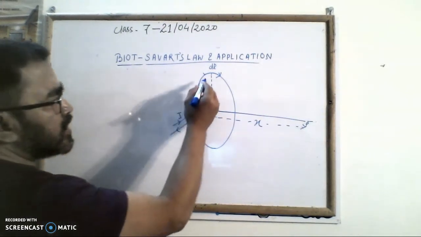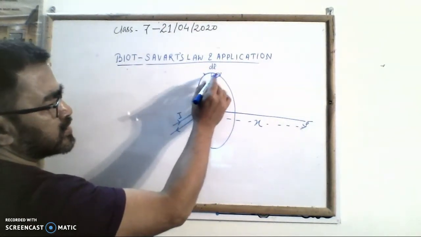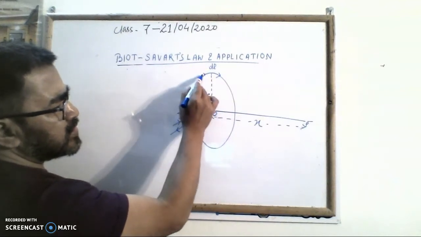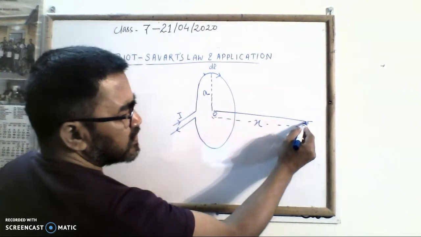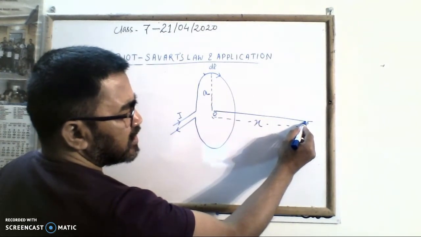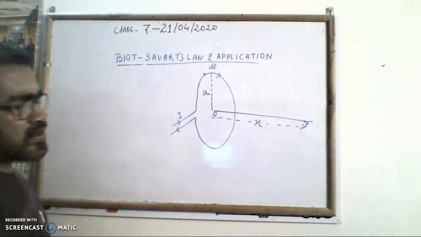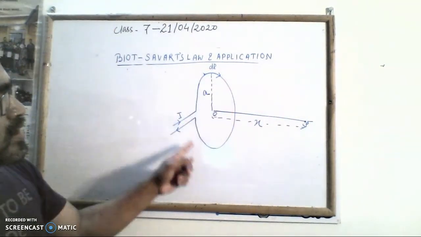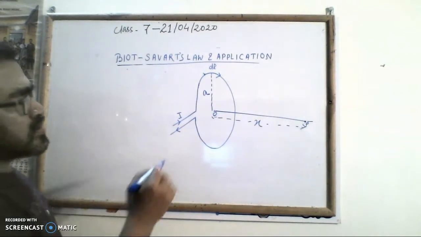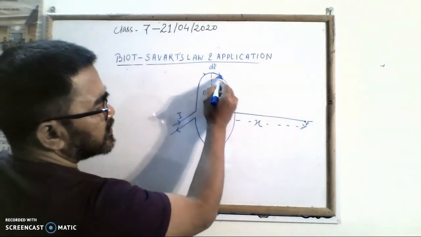And dl is the small elemental length as we have indicated here. So we are to find out the magnetic field at point P on the axis of the circular conductor. Okay, so let us connect this point.